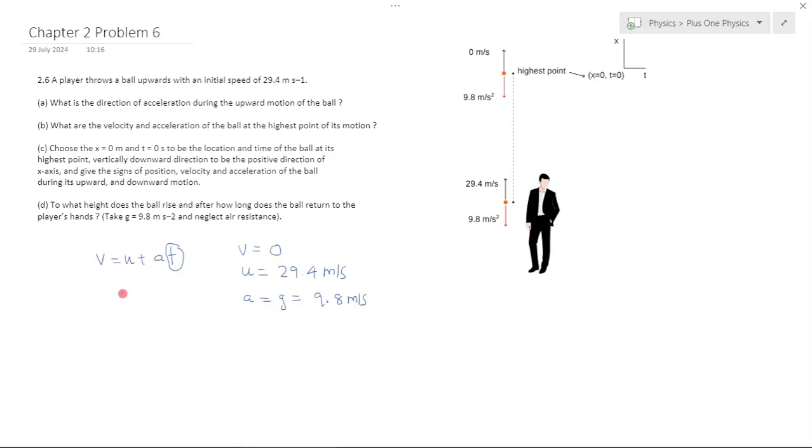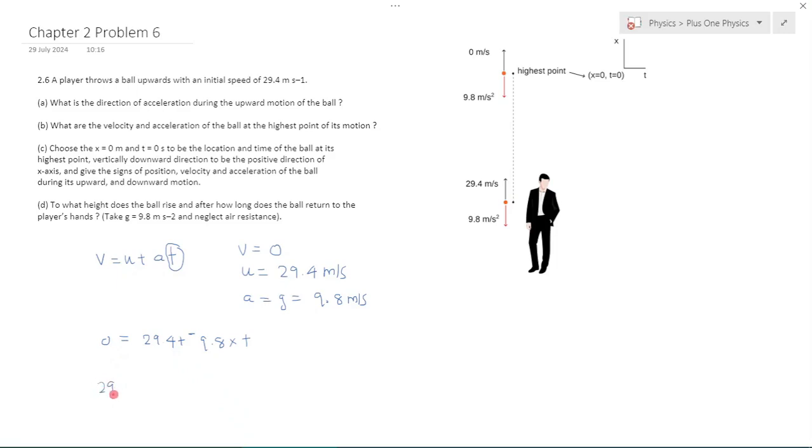Putting all these quantities in the equation we get 0 equals 29.4 plus 9.8 times t. Rearranging, this is actually negative because it's the opposite direction, so a negative sign comes here, and 29.4 goes across the equals sign.